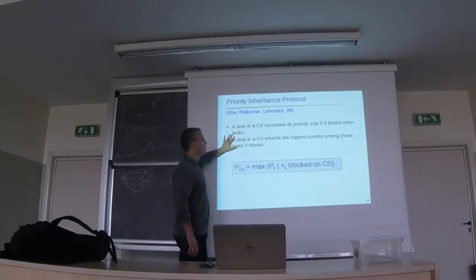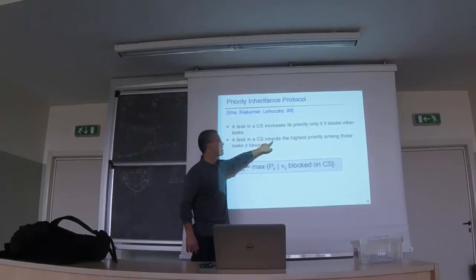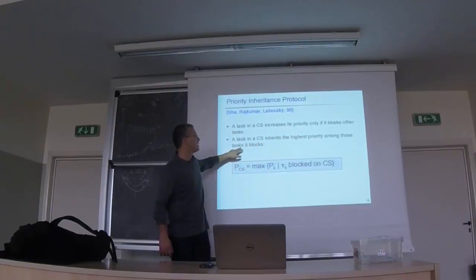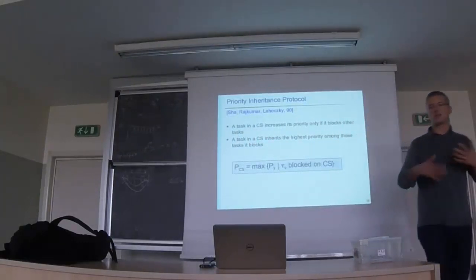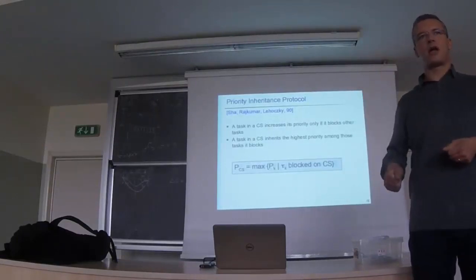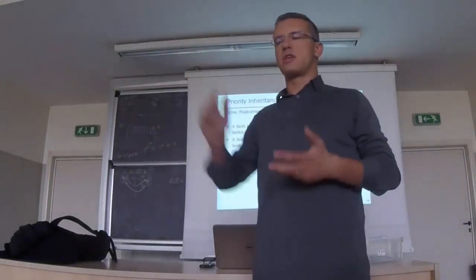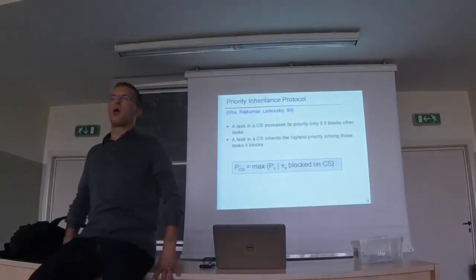And to which priority do I increase? A task in a critical section inherits the highest priority among the tasks that are blocked because of me. So I'm a low priority task and I'm starting to execute. At some point, I request a lock. Lock granted. My priority does not increase because I'm not blocking anyone.